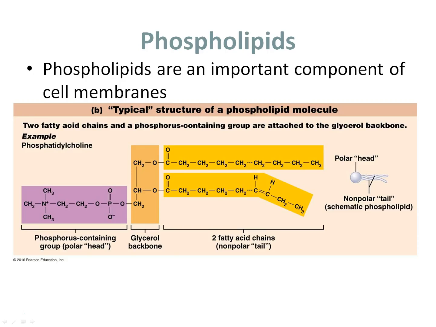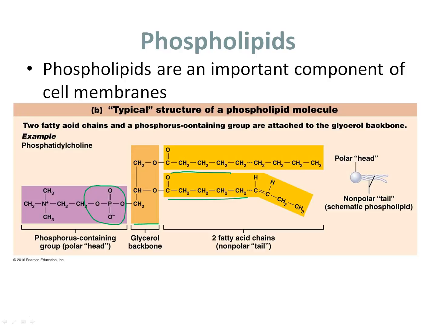So here's our phospholipid that we saw before, but now we're going to highlight our phosphate-containing head, our glycerol backbone, and we have 2 fatty acid chains that are connected. So this is a standard phospholipid molecule, and it's going to be an important part of our cell membrane. It makes up most of the molecules in our cell membrane.